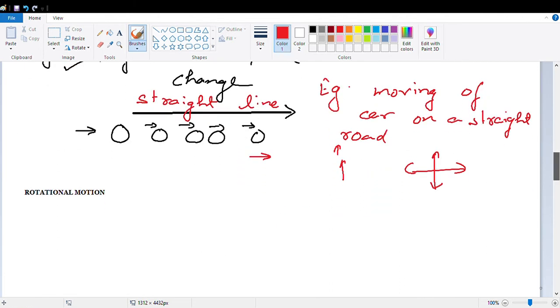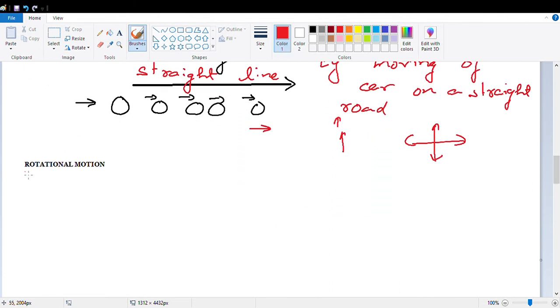Let's discuss the second kind of motion, that is rotational motion. What is rotational motion? I am taking an example of a lamina. Suppose this is your rectangular lamina, and you have fixed it at a point.